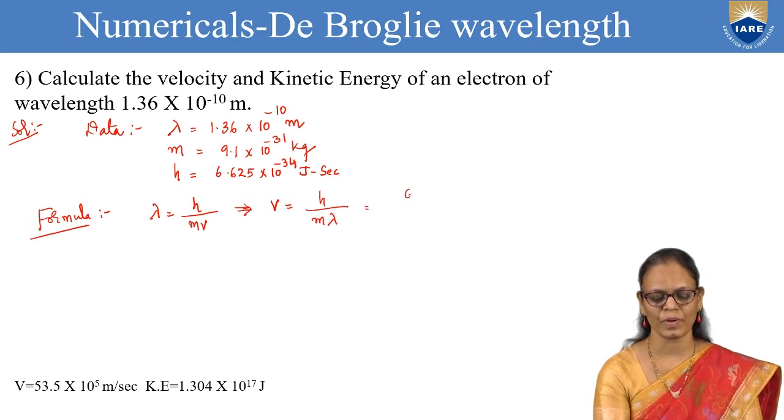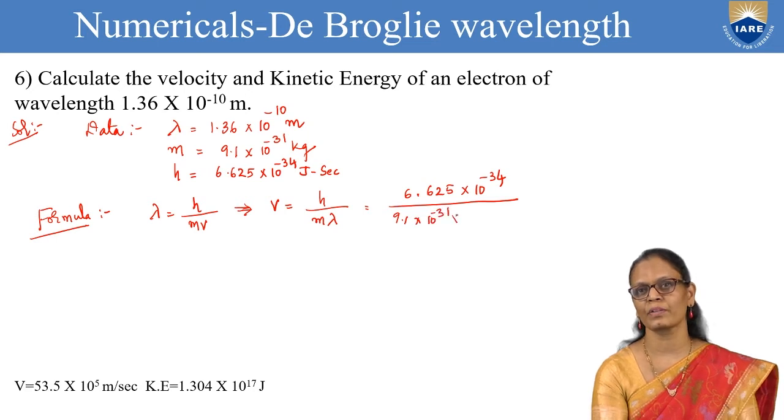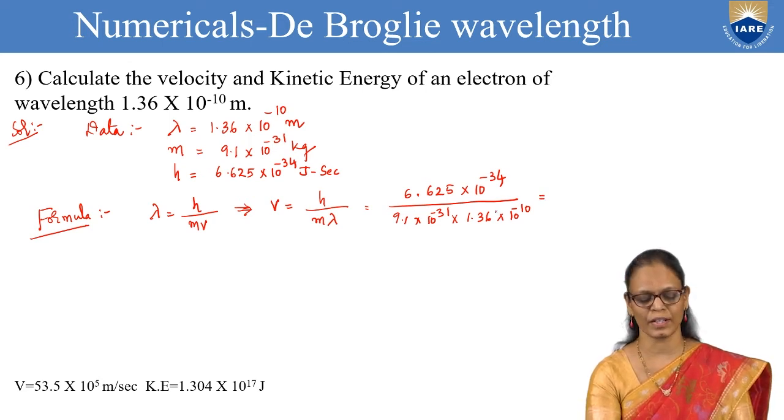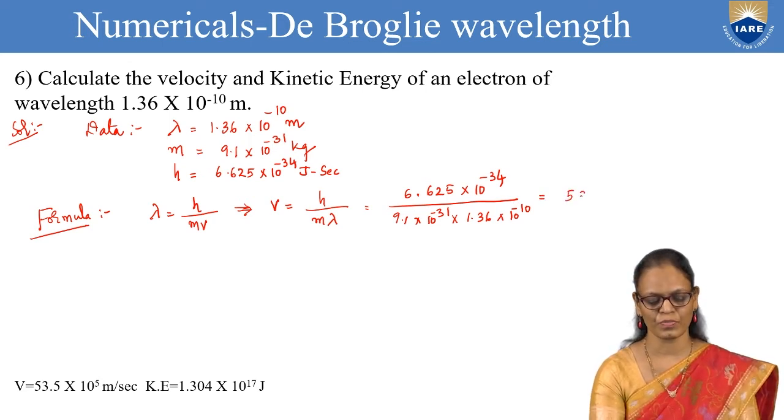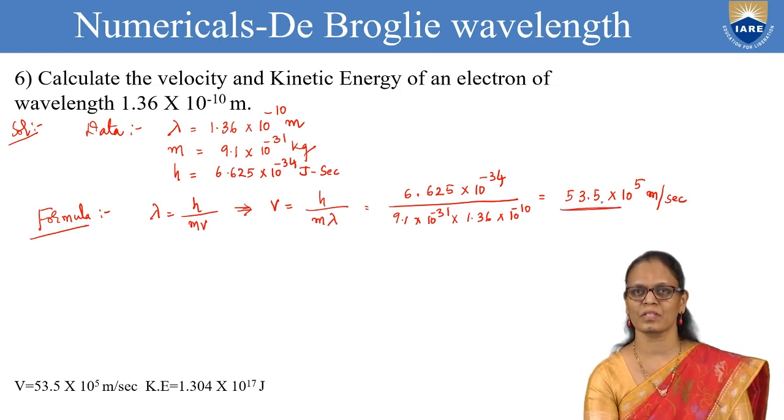Substitute the values: 6.625 into 10 power minus 34 upon the mass, 9.1 into 10 power minus 31, into the lambda value which is given, 1.36 into 10 power minus 10. If you substitute and use the calculator to solve this, you get 53.5 into 10 power 5 meter per second. So this is the velocity of the electron.